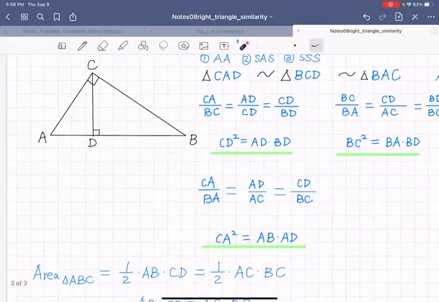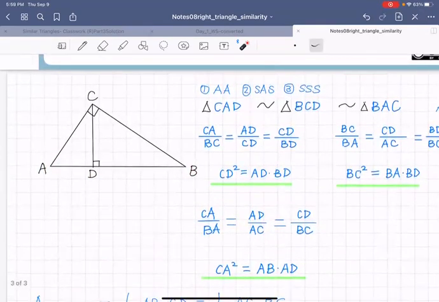The last formula over here is using the triangle area formula. Look at this, Valeria. In this triangle, can you tell me how do I calculate the triangle area, please?